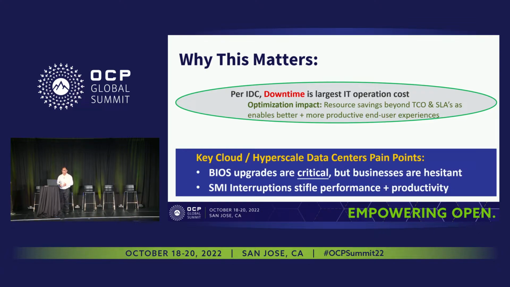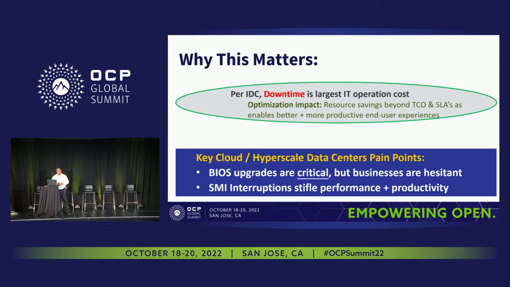You are not able to monetize those things, right? And also, if you reduce the downtime, you could potentially save some of the TCO, right? You can probably reduce the number of systems that you need to have as extra systems to basically augment your downtime.